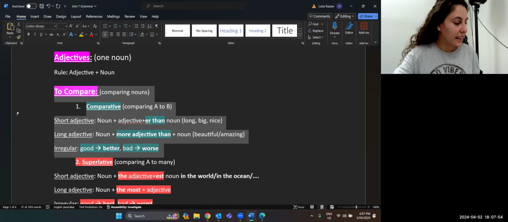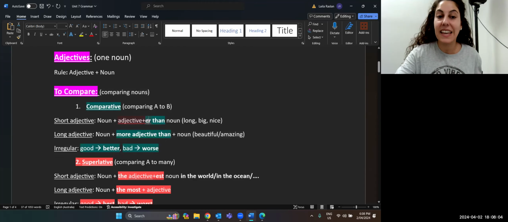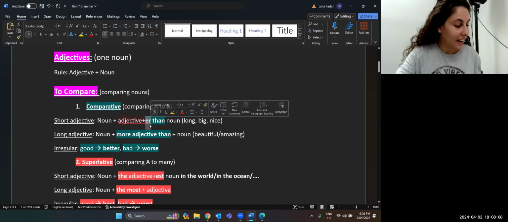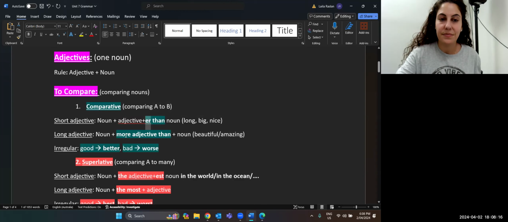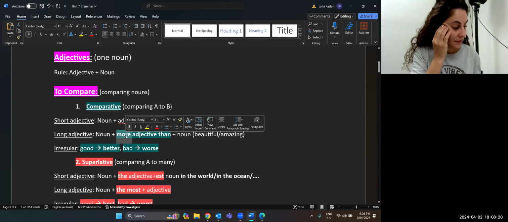So, question 4: what two-letter words do you add to short adjectives to compare them? ER. Okay, you add the ER. What word comes before a long adjective? More.